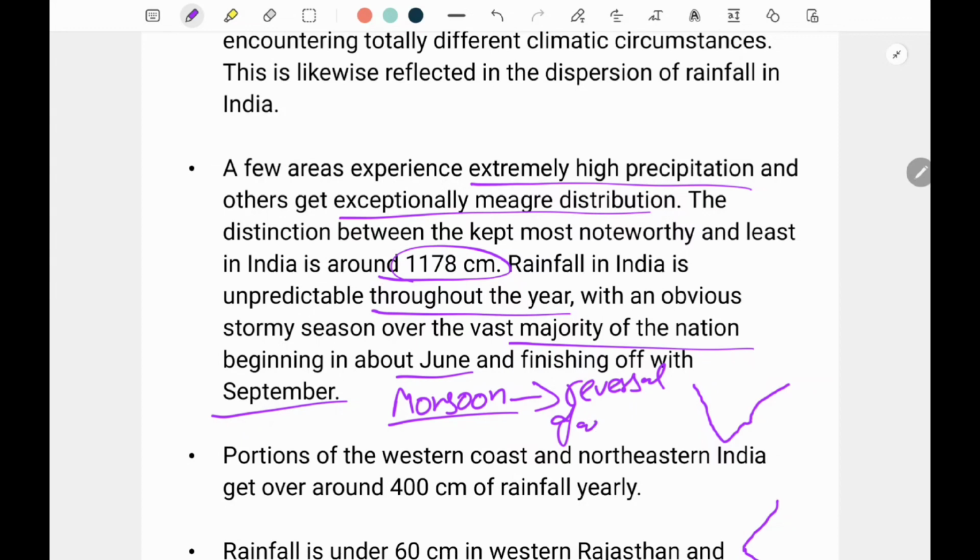One more thing to remember: it lasts only till September, because from October we will be having a reversal of monsoon. Monsoon arrives in India as the southwest monsoon, but in October and November it is considered the northeast monsoon.